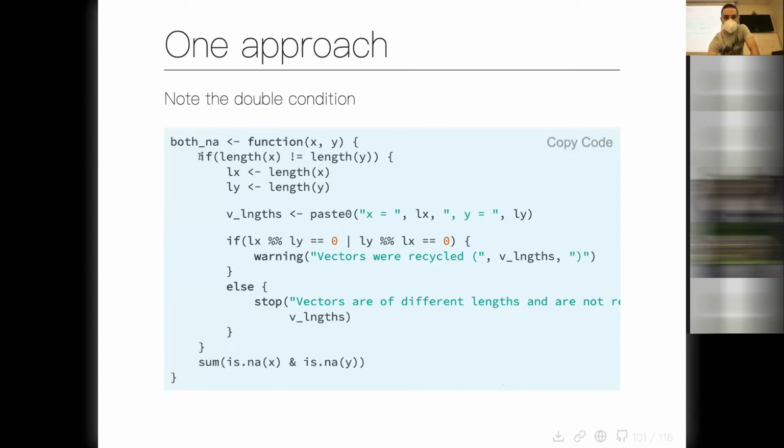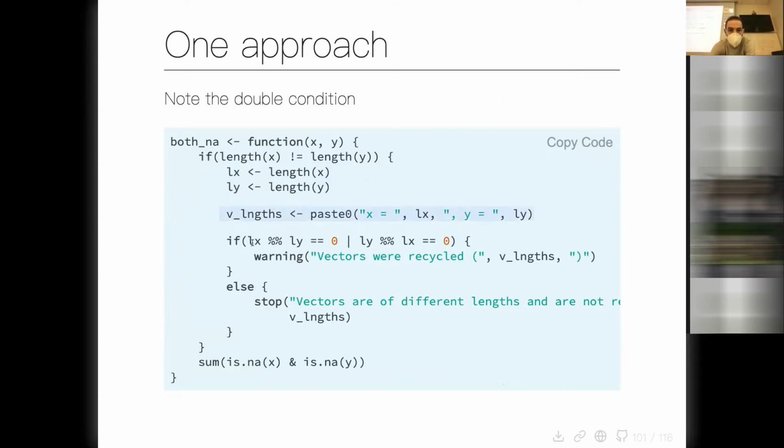We start out right at the beginning and we check the lengths. Then if they're not equal, we come into here, we get the length of x and the length of y, so now we have objects for those lengths. We paste our v length thing together.